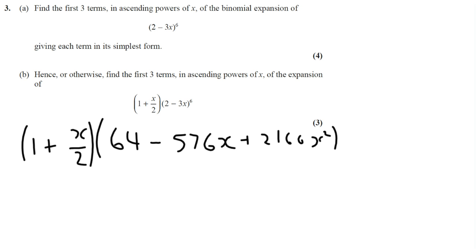So we do 1 times the 64, should be simple enough for A-level students. Then we do x over 2 multiplied by 64, which just gives us 32x.